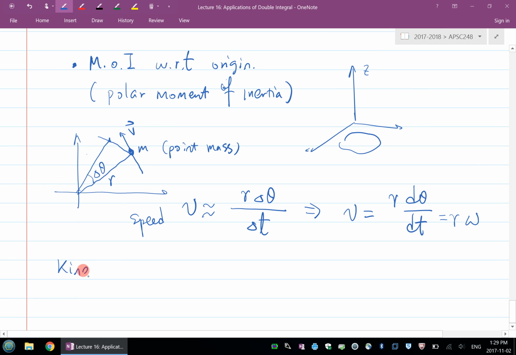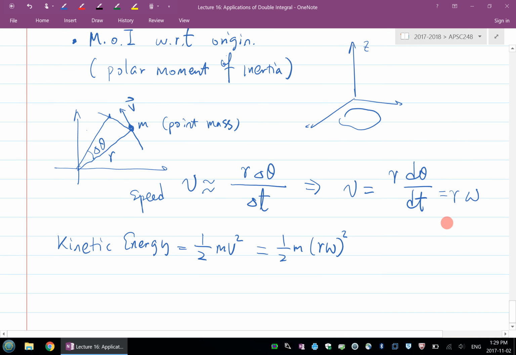Now let's go back to the kinetic energy. Kinetic energy for this point mass is 1/2 m v squared. I just established a connection between v and r omega, so I'll replace v with r omega.